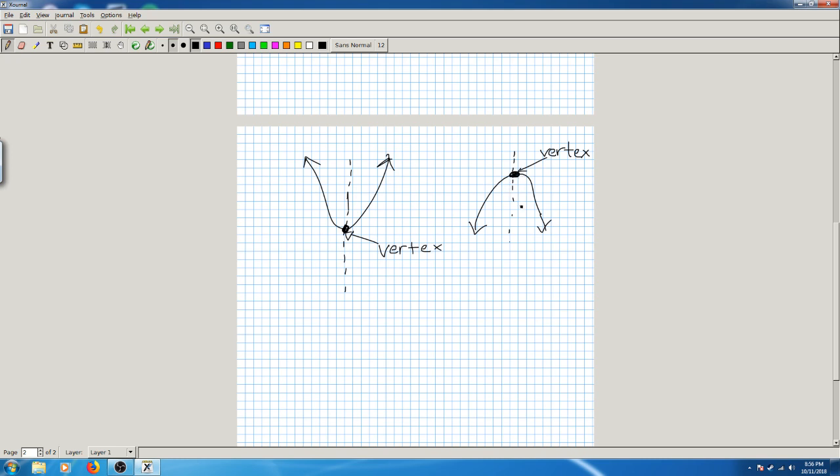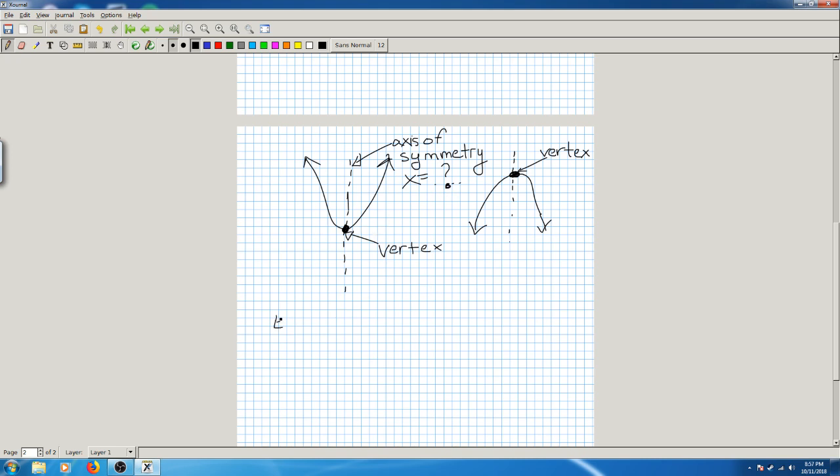A line drawn through the vertex we call the axis of symmetry. The axis of symmetry has an equation of x equal to some number. This number is the x coordinate of the vertex.